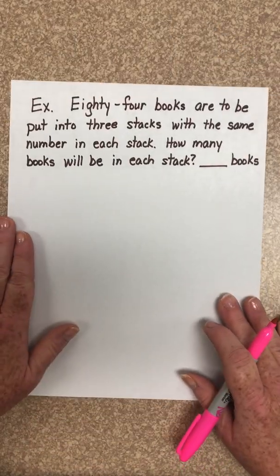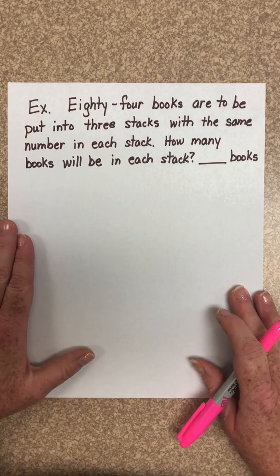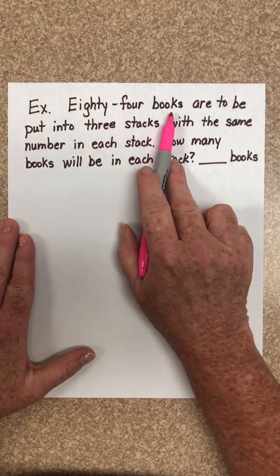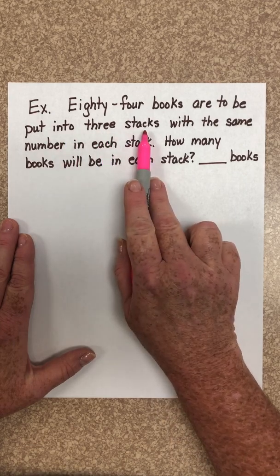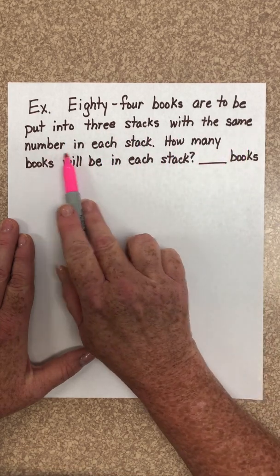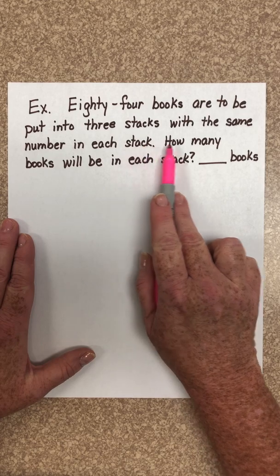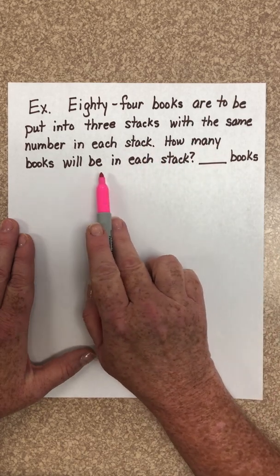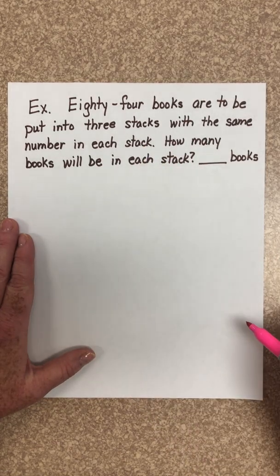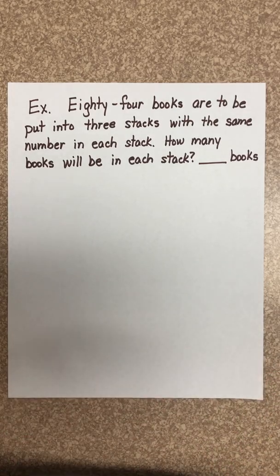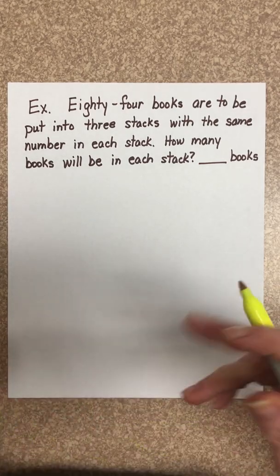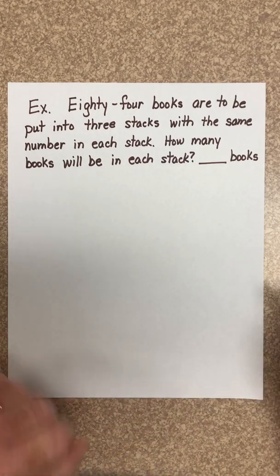Let's look at an example. Here's our example. 84 books are to be put into 3 stacks with the same number in each stack. How many books will be in each stack? Well, looking at this problem, let's look at the parts we need to solve the question.